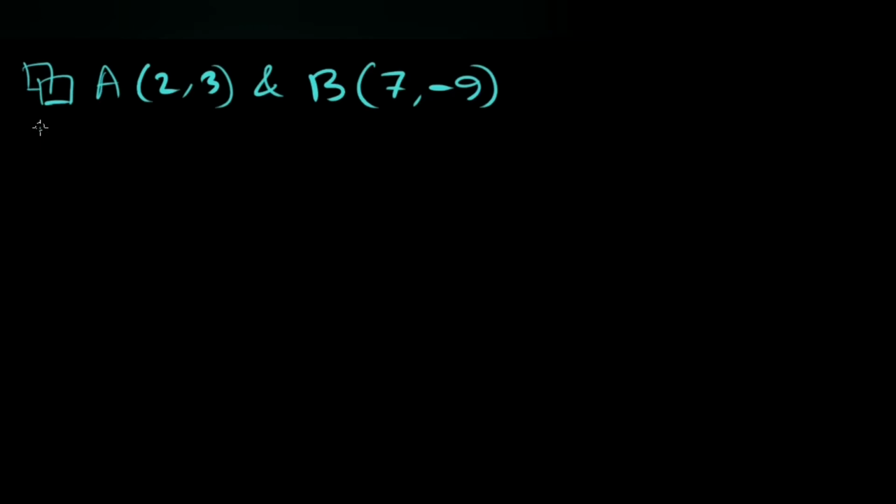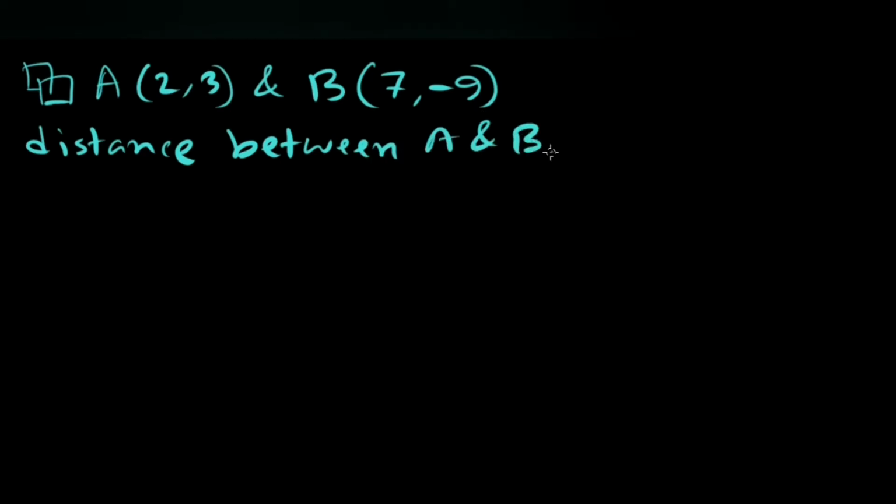If someone asks to determine the distance between A and B, which we can write in short as AB, then by seeing AB we can understand that it is the length of side AB, or the distance between the two points A and B. Same method, same formula, but before that consider A as the first point and B as the second point, or vice versa. Whatever, you can take B as the first point also.